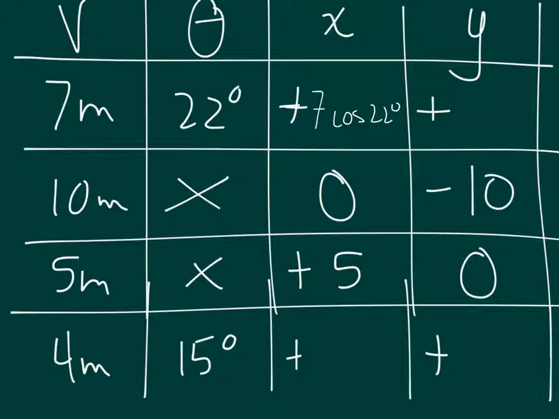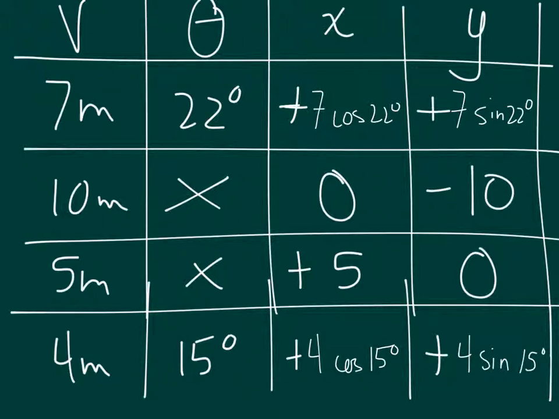Sine, or sine of 22 times 7. That goes in the next box, up in the top right. And what do you think is going to happen here, guys? Yeah, except instead of 7 and 22, now you're using 4 and 15. Okay, so this is the horizontal component. And this is the vertical component.